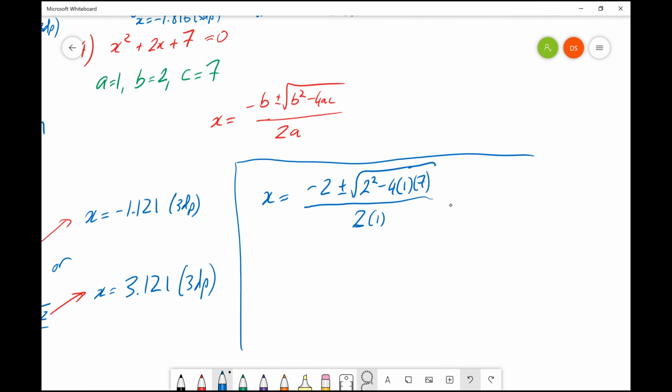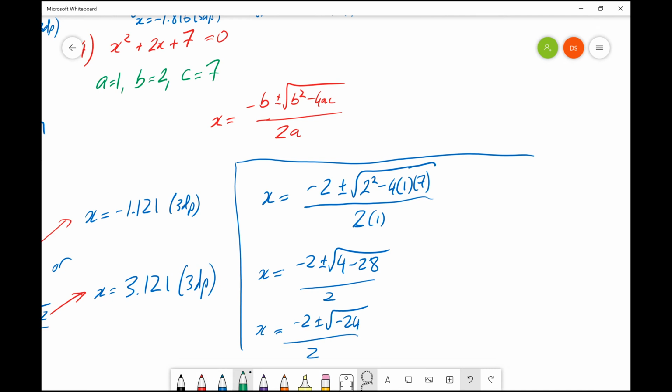Okay? Let's simplify, and we get negative 2 plus or minus the square root of 2 squared is 4 minus 28 over 2. Oh, this seems to be fine. Negative 2 plus or minus the square root of negative 24 over 2.